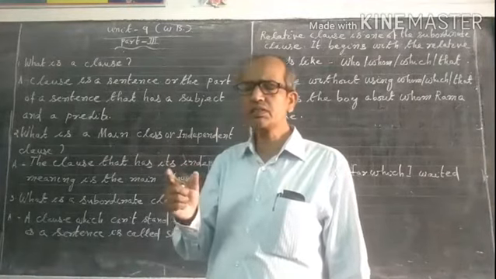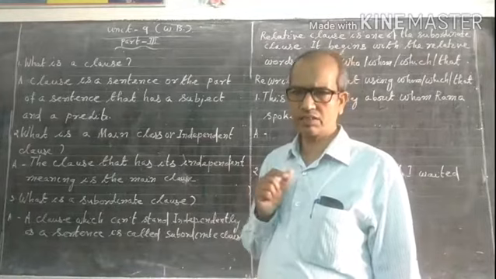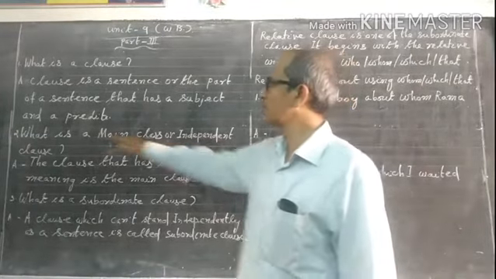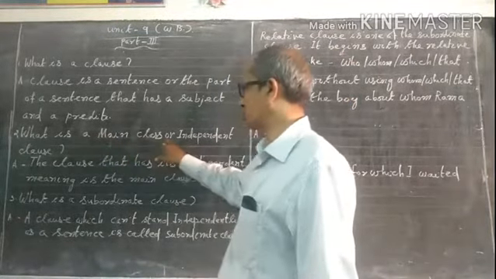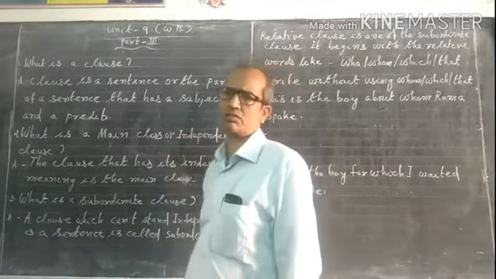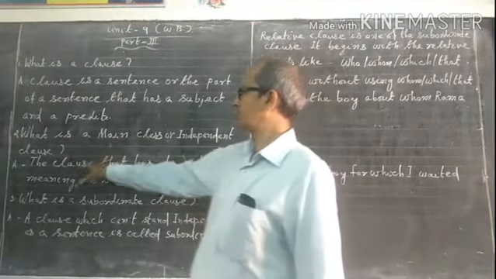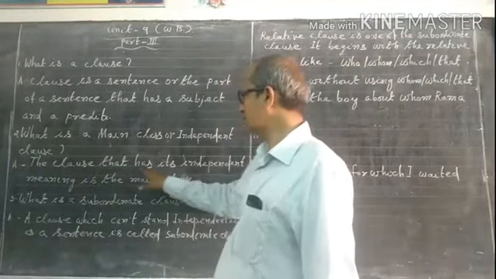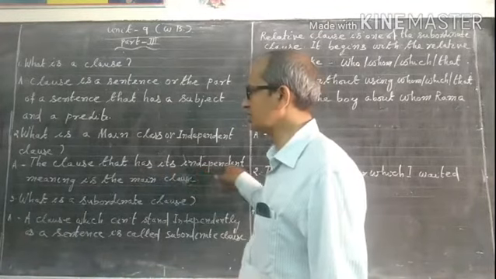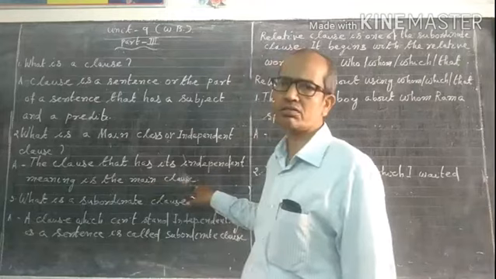The part of the sentence which has no independent meaning is the subordinate clause. We will learn one by one. What is a main clause or independent clause? The clause that has its independent meaning is the main clause.